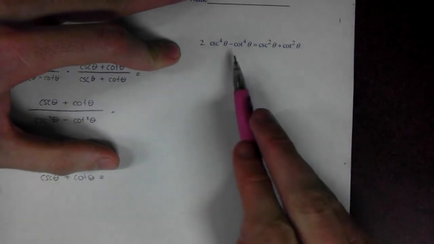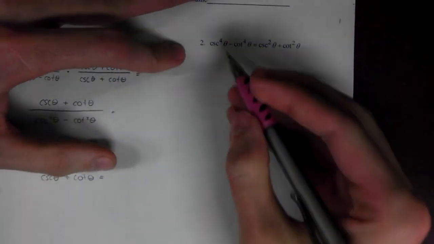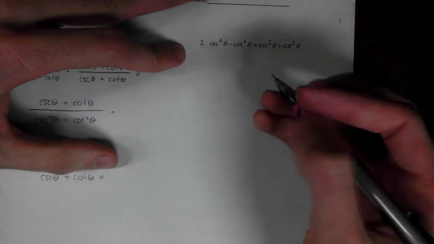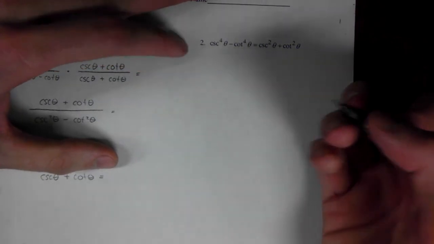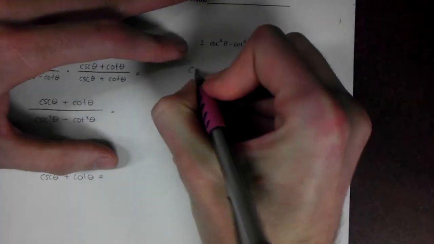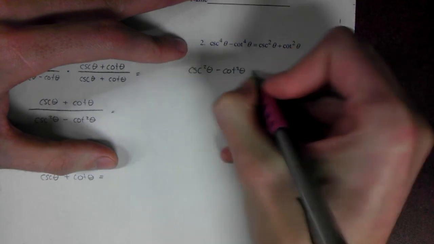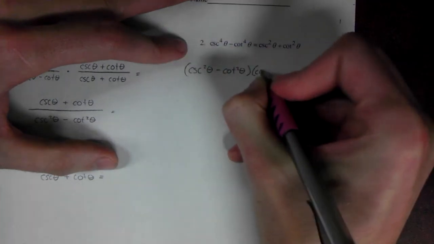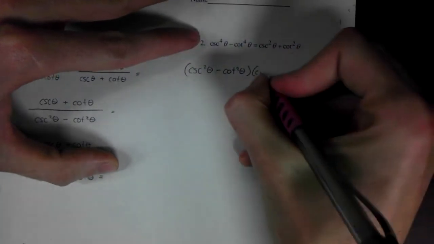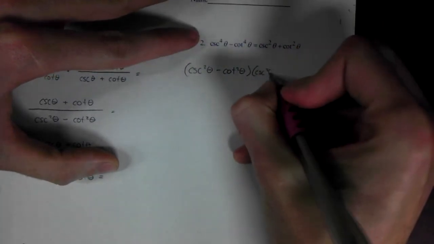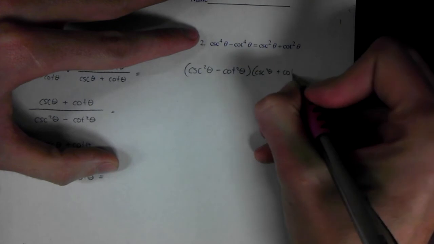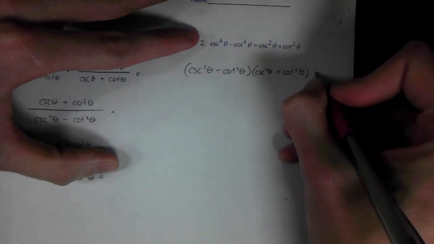Looking at number 2, notice that we have cosecant to the 4th minus cotangent to the 4th. That's a difference of 2 perfect squares. So another cool trick that you can always think of having in the back of your head is factoring. So this will factor as cosecant squared minus cotangent squared times cosecant squared plus cotangent squared.